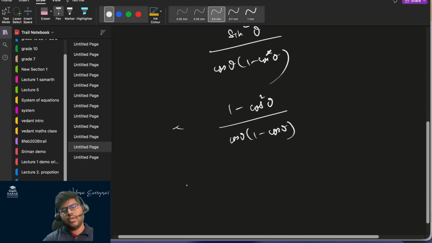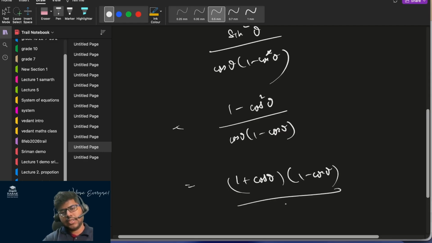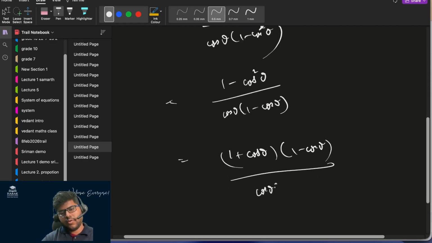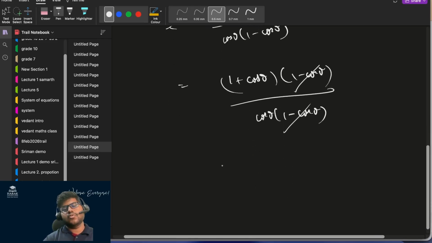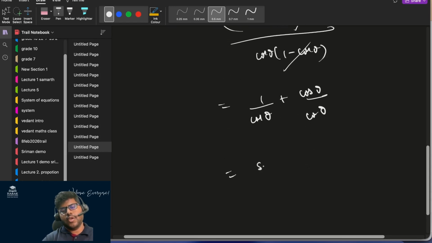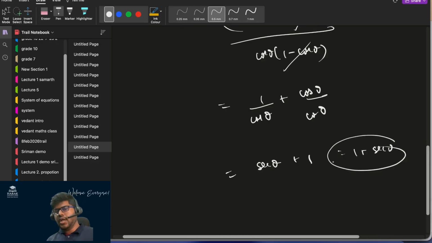Then 1 minus cos square theta can be written using the identity (a plus b) times (a minus b), so this is (1 minus cos theta)(1 plus cos theta) over cos theta times (1 minus cos theta). The common factor cancels, and we are left with 1 over cos theta plus cos theta over cos theta. That would be sec theta plus 1, which is equivalent to 1 plus sec theta. And that's all. We are done.